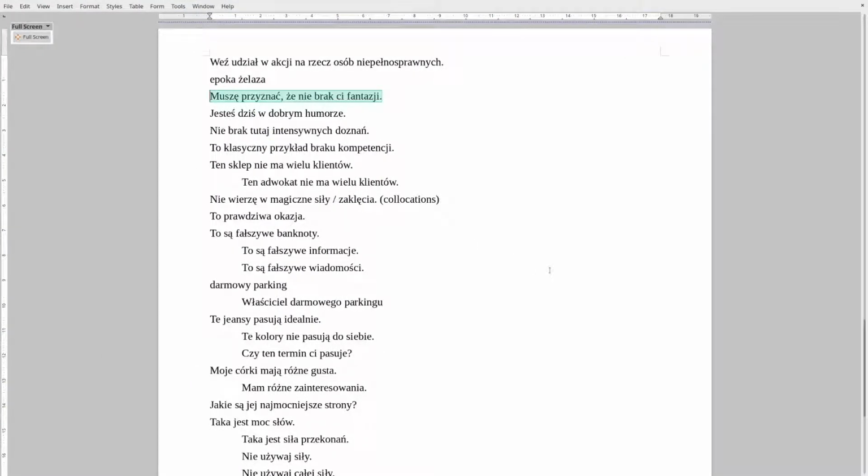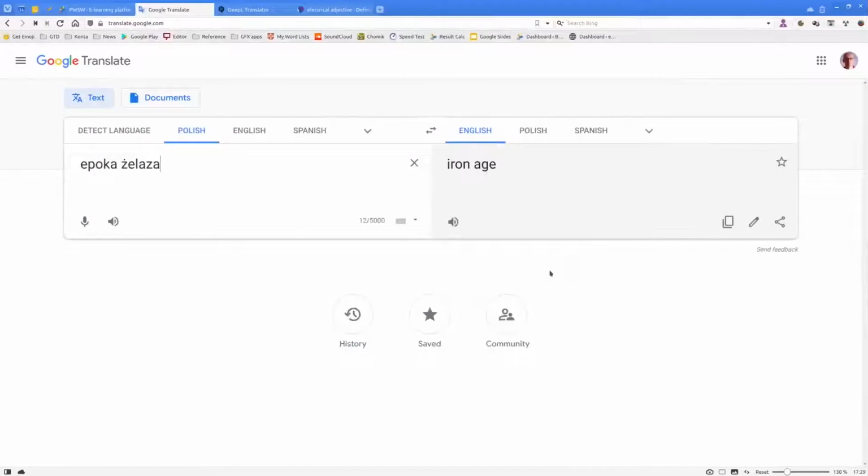Muszę przyznać, że nie brak ci fantazji. Right, so again, we can see a problem. I have to admit that you do not lack fantasy, right? So that means that this phrase, because this is a relatively common phrase, but it's not in the database.